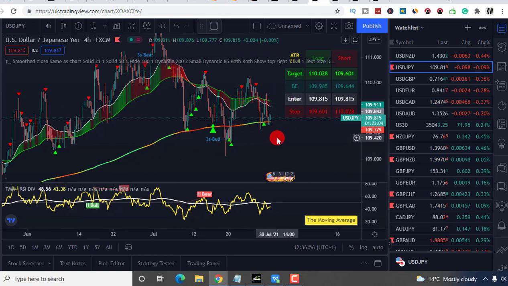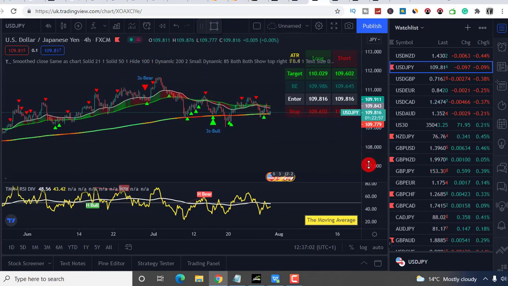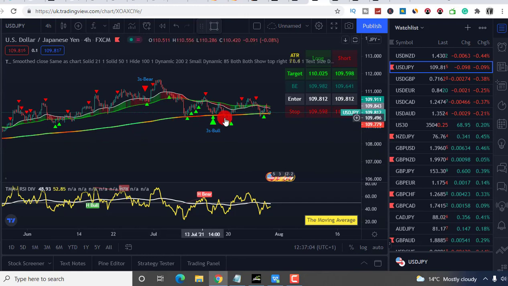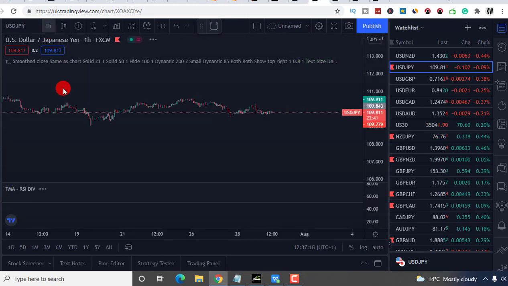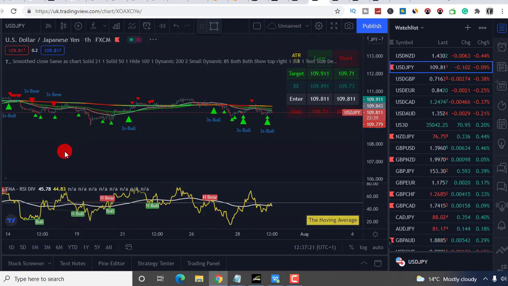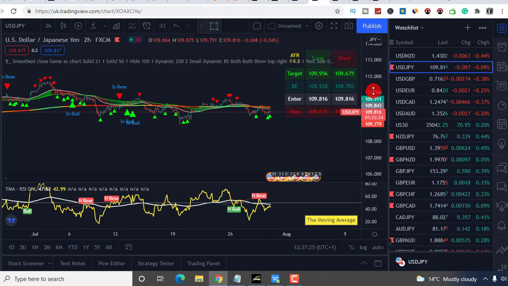So over here, what I can see, if I drag this, I can see price dropping over here. If I go to 1 hour, or let's say 2 hours time frame, is in between, so we'll see what is going on with the price.